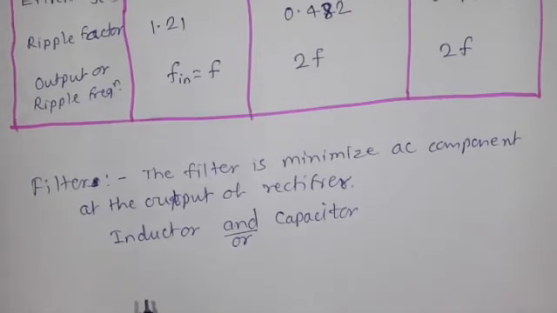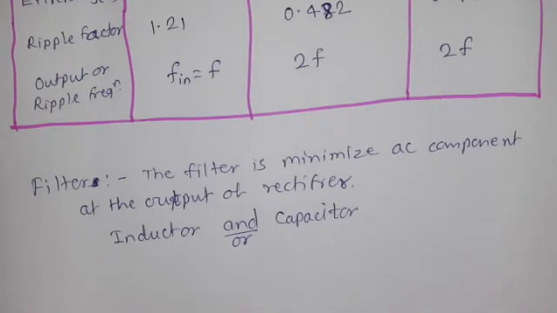These two components perform in different ways, and therefore whenever they are used as a filter, they are connected in a specific way. One component is connected in series with the load resistor and the other in parallel, or shunt. The inductor is connected in series, while the capacitor is connected in parallel with the load resistor.